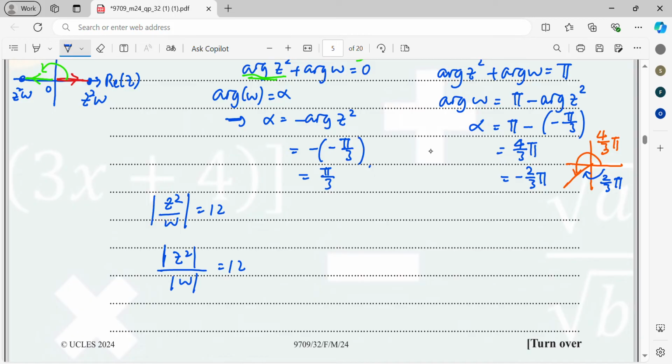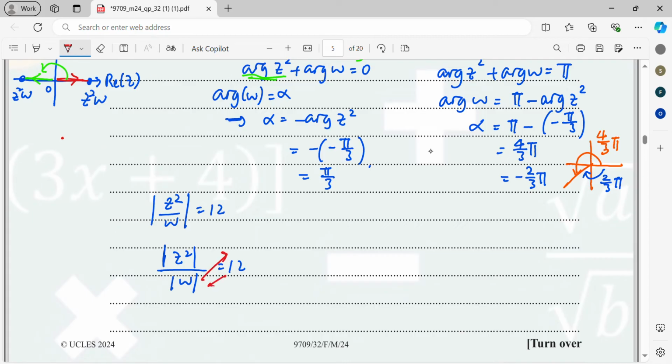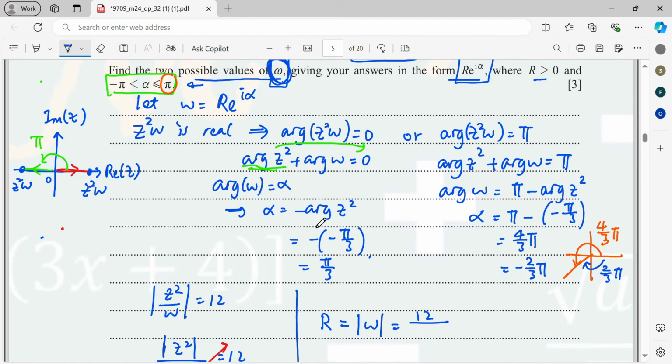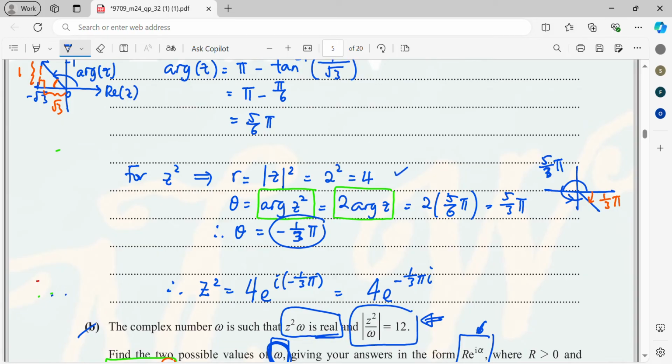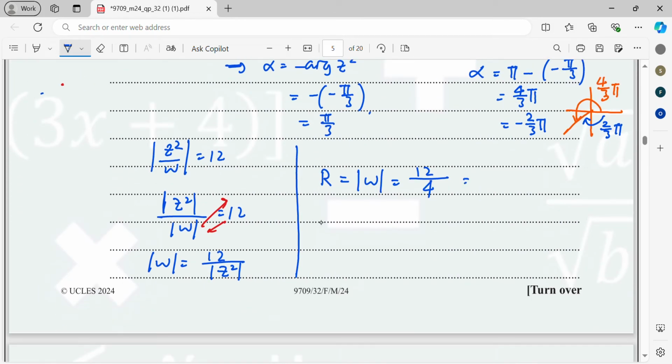So this modulus z squared moves down, the 12 moves up, which means my modulus w equals 12 over modulus z squared. Okay, then from here, my r equals modulus w equals 12 over modulus z squared. You get it from the previous part, which is 4. Then 12 over 4, that is 3.